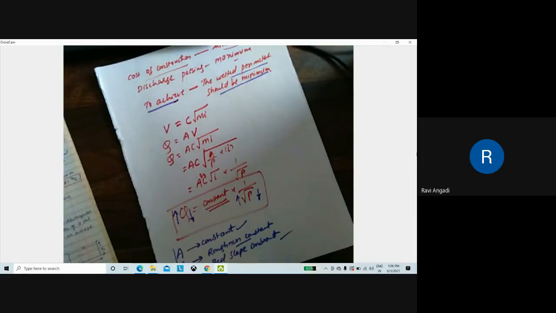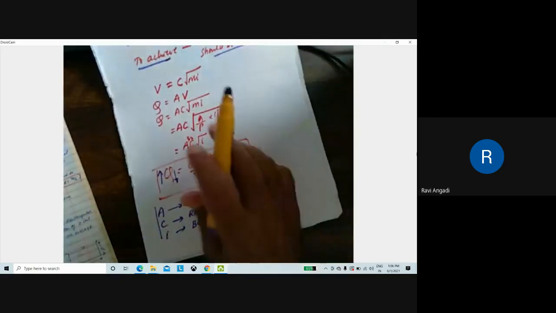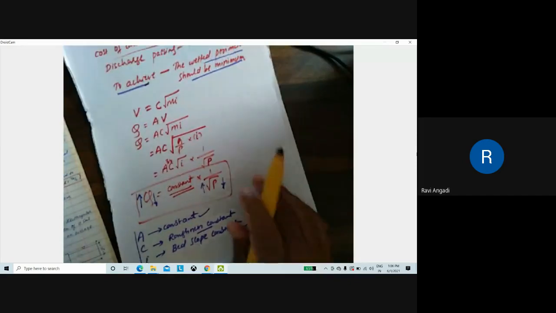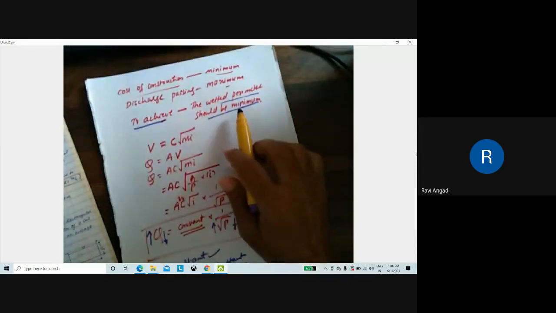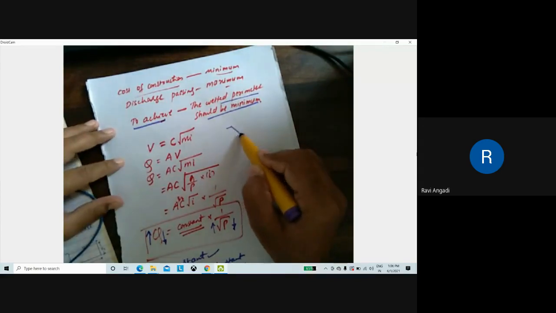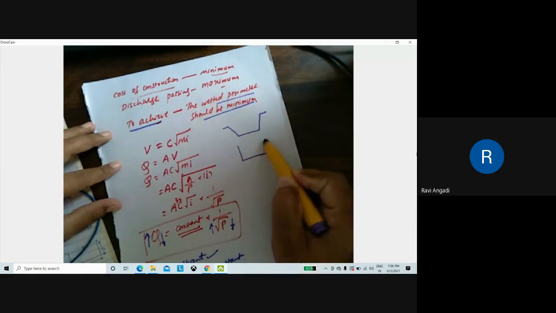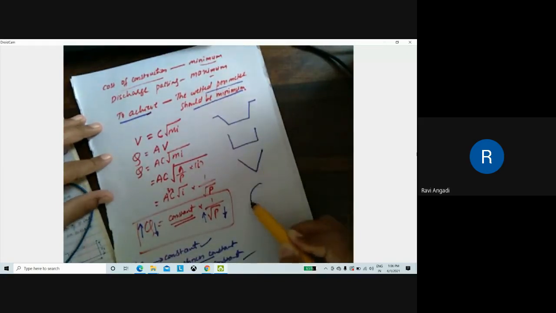Okay, with this criteria, the dimensions of the most economical channel section are to be obtained. This is the criteria to be taken, that is, the wetted perimeter should be minimum. Now we have to think of different channel sections. It could be trapezium, rectangle, triangle, or circle.